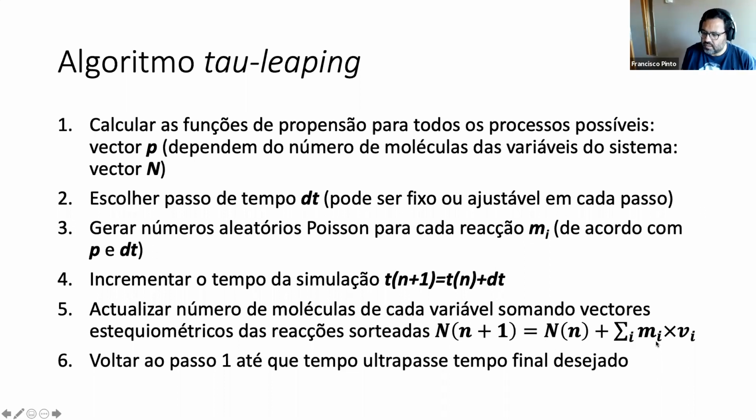So you multiply the number of times each reaction occurred by each stoichiometric vector, and you sum that result to the previous state vector. And you do that for all the reactions that occurred. So you update the system state, but in the same time step, you can have more than one process occurring, and each process may occur more than one time.